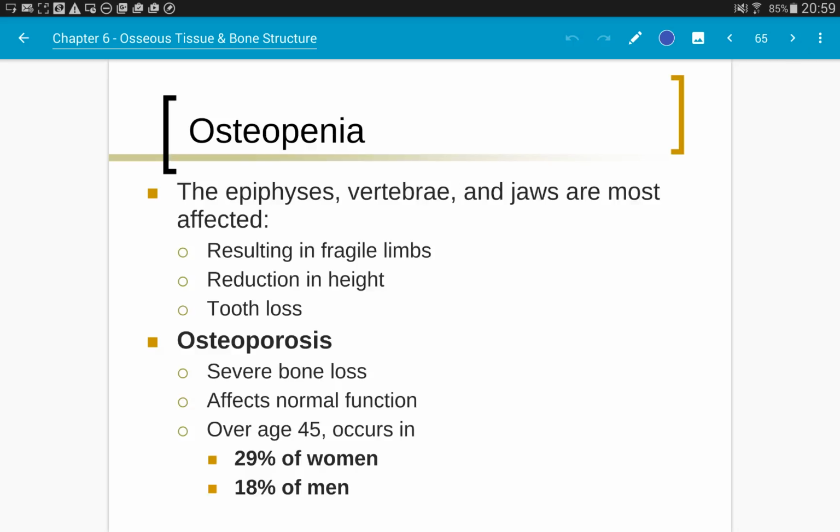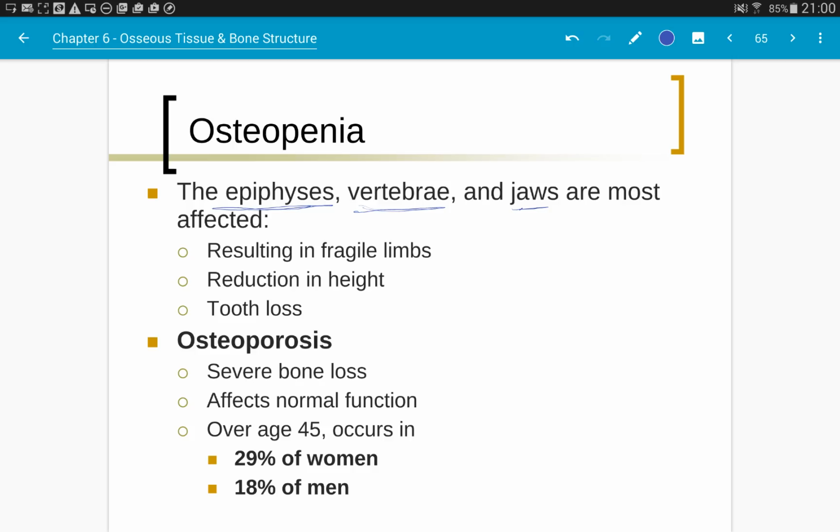Okay, so more on osteopenia. The places that are most affected are the epiphysis, so the ends of long bones, the vertebra, and the jaw, so the mandible. So with the vertebra, compression ends up happening over time. That's why typically older people seem to shrink with age.